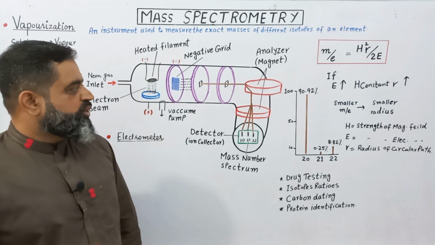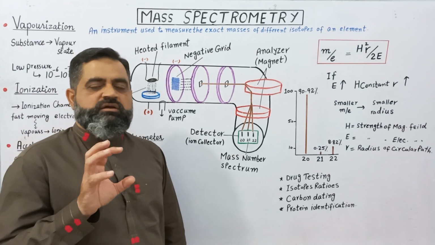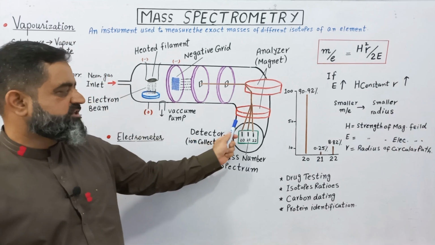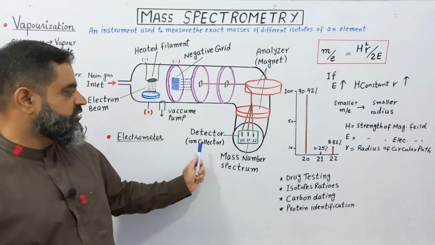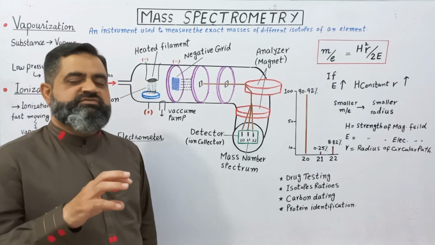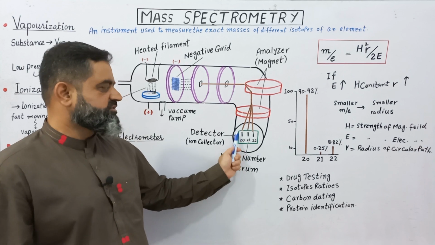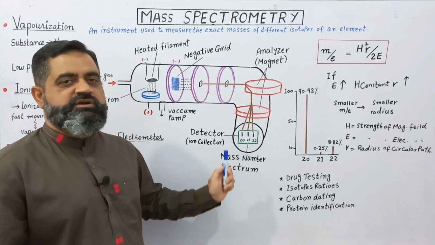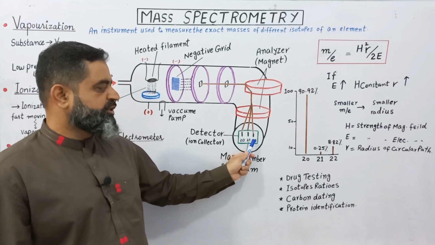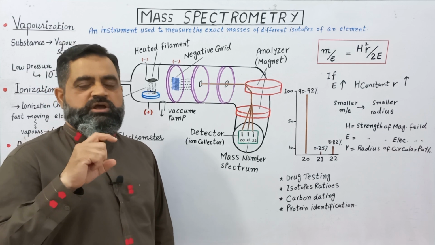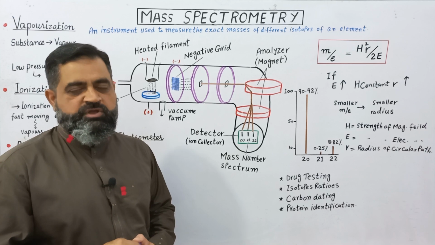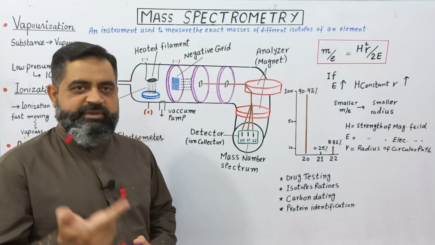The next step is going to be to collect all these beams of ions. So there is a detector which is connected with the computer, which is also known as the ion collector. This is going to collect these different types of ions falling on the surface of the detector with different mass numbers, like this one contains mass number 20, 21, 22, because each beam of ions has a different mass over charge ratio and each has a different circular path.